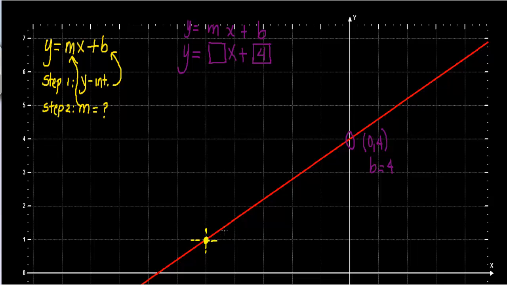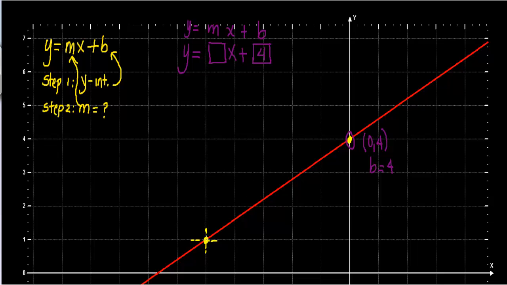Another point on this line that I can use that crosses my graph, I don't see any other. All of these points here are not whole numbers, okay? So this point here and this point here, which is the intercept, I can use those 2 points to rise and to run.